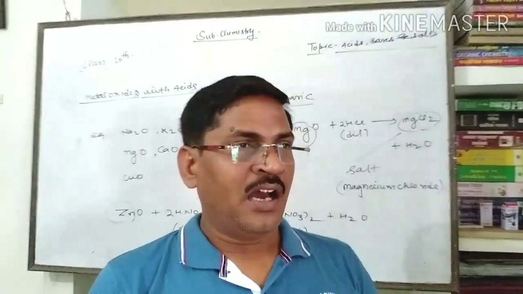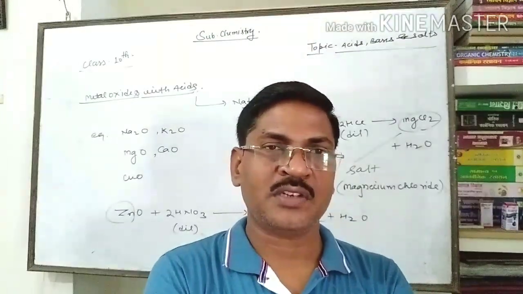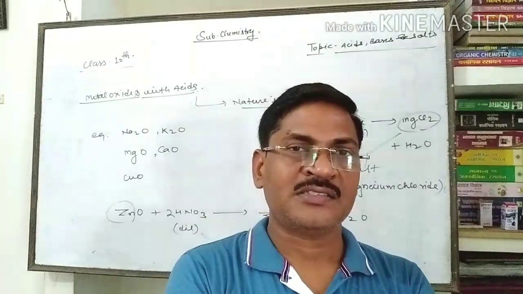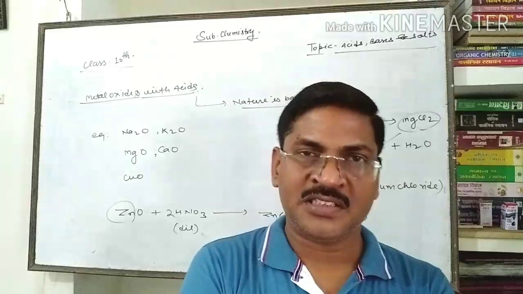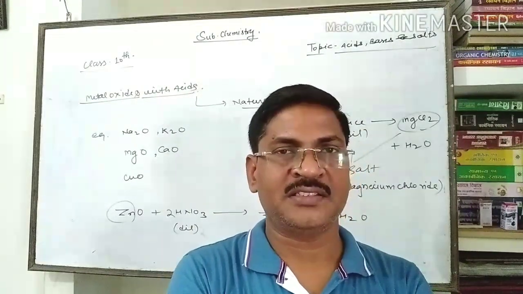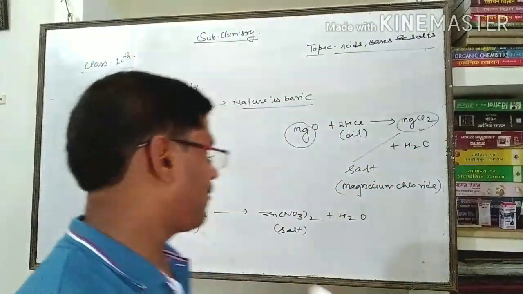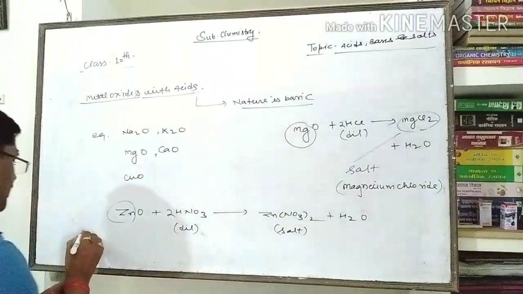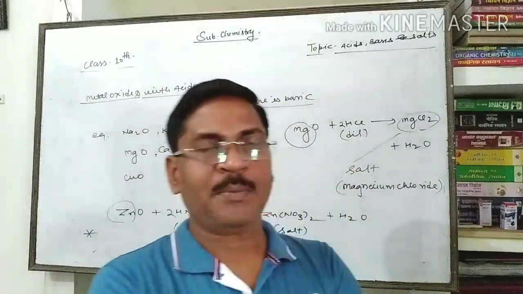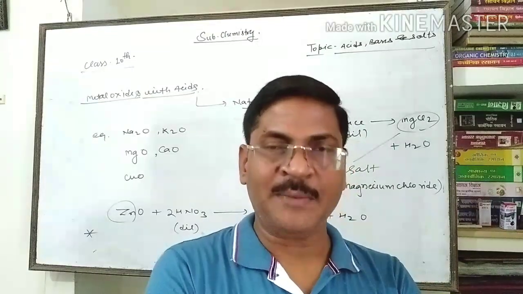In this way, I have completed some of the reactions of the metal carbonates and metal hydrogen carbonates with acids, and after that metal oxides or metallic oxides with acids, and I have discussed with you the nature of these oxides and their reaction with acids. In the last, I have to mention a point which you have to remember. Suppose anyone asks you, if anyone has a problem of acidity, then what is given to solve this type of problem?